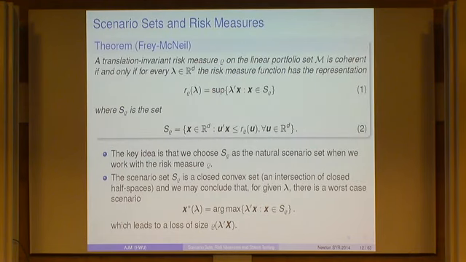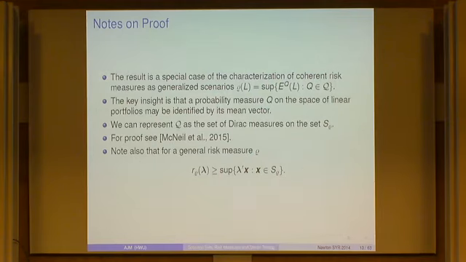And just note, for those who know more about these things, it is simply a special case of the characterization of coherent risk measures as generalized scenarios. But how do you prove it? Do you go through the general representation or do you do it directly? You can do it directly, or you can go through the general representation.